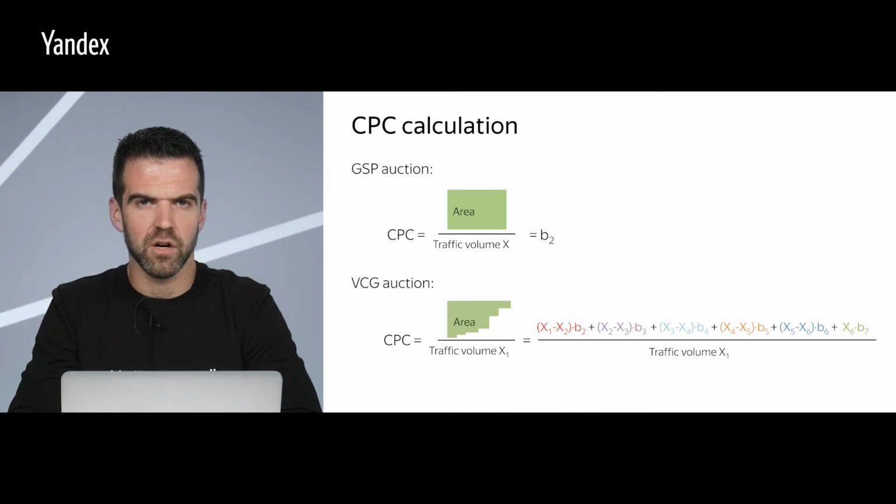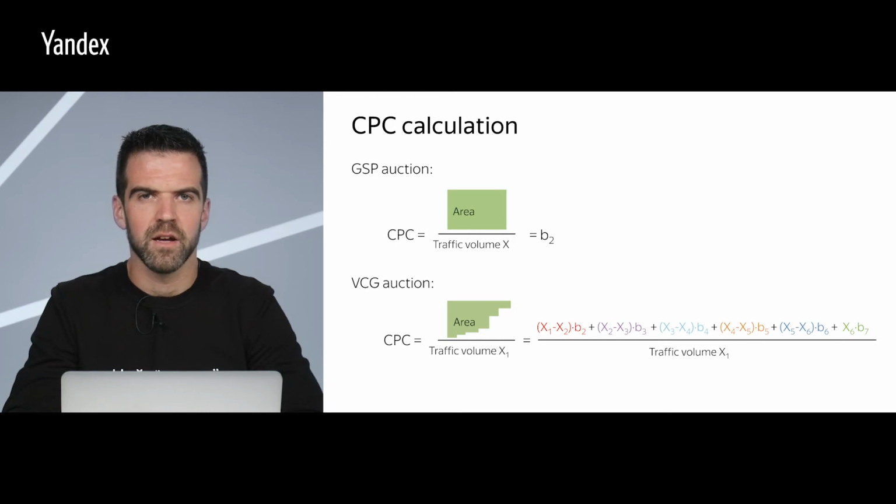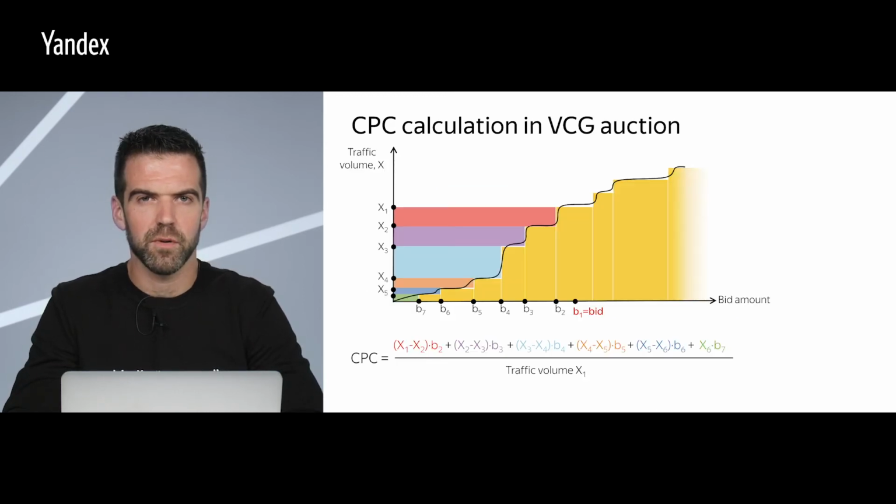In the second price auction, the advertiser buys all traffic at one price. In the VCG auction, each step is calculated separately. Each horizontal stripe corresponds to an additional traffic volume. Each item in this fraction corresponds to the next step up. This graph is not only different for each advertiser, but also for each user.